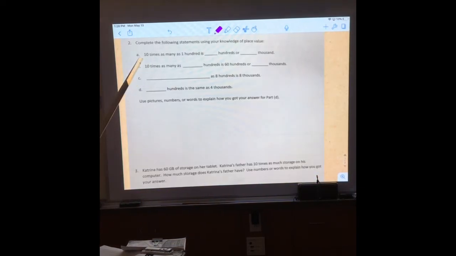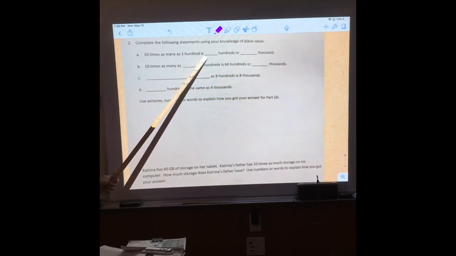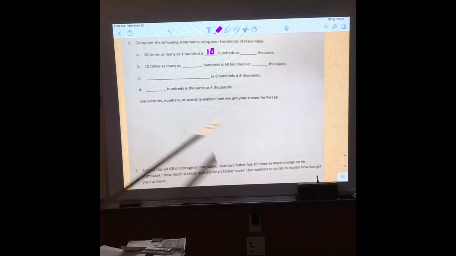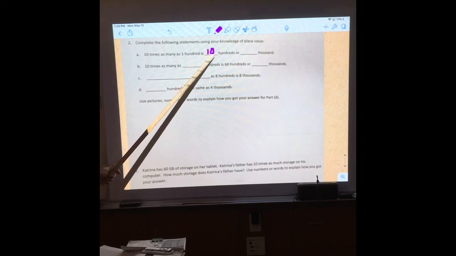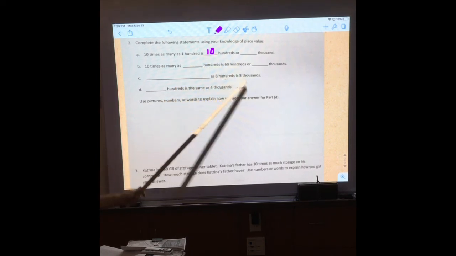All right, what if we had 10 times as many as 100? 10 times as many as 100. How many hundreds would that be? I hope you're saying it's 10 hundreds. If you have 10 hundreds, what is that? I'm going to put it over here on the side. Here's our 10.